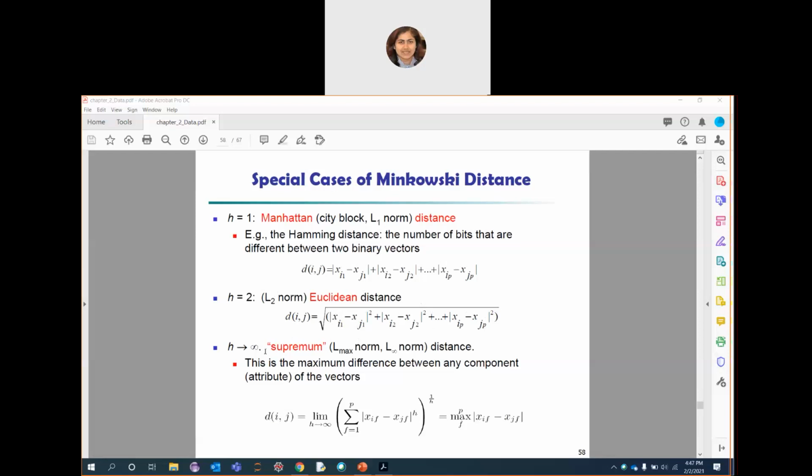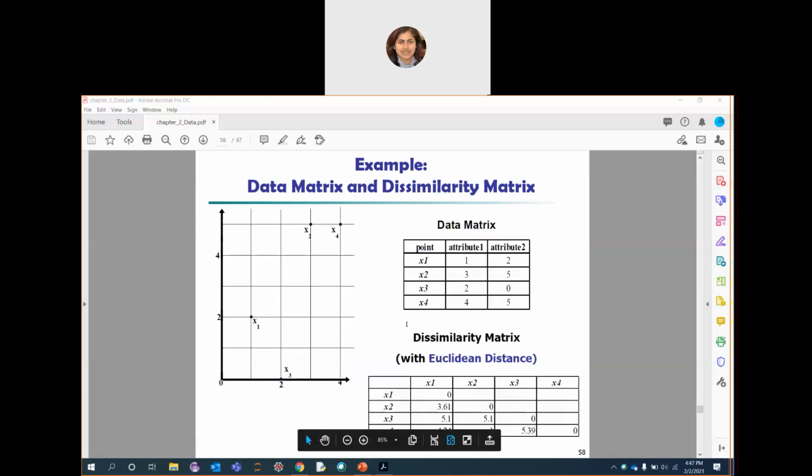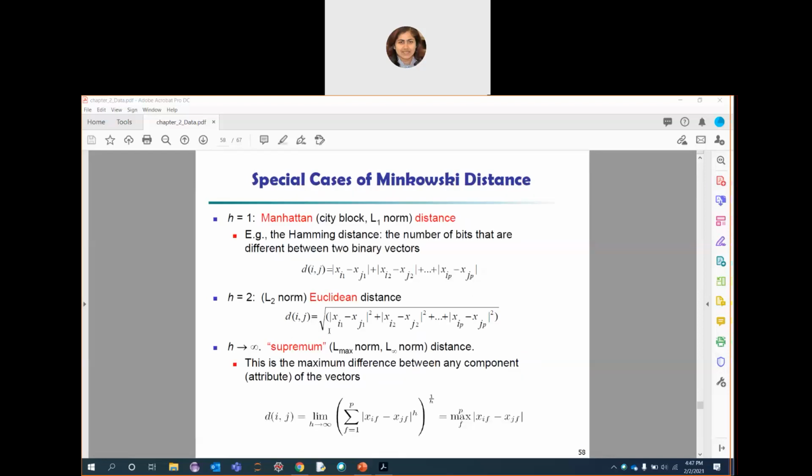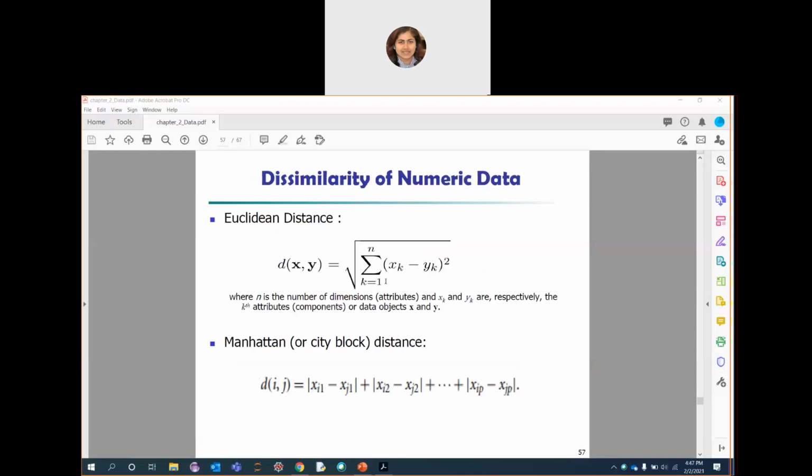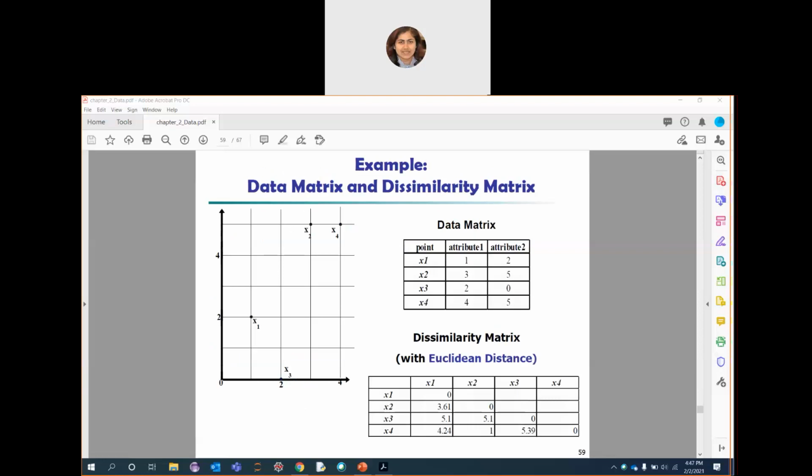If the h value becomes infinity, that type of distance becomes the supremum distance. This is the formula for that. We will see first the Euclidean, which is the most used distance in analysis. So what is Euclidean distance? You can refer to this formula here, but how does it work?